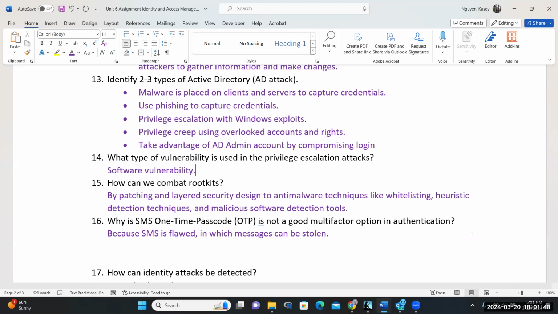So a lot of the rootkits will require possibly a little bit of code modification. Some rootkits take advantage of hardware or firmware. Some rootkits take advantage of software. So if it's firmware related, you have to patch the firmware.